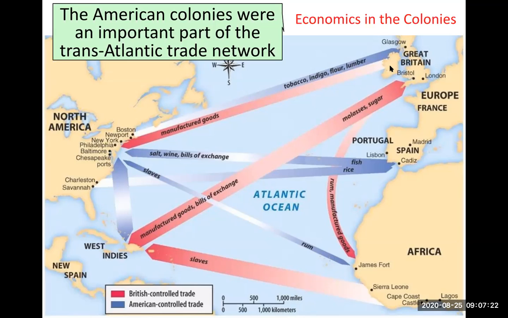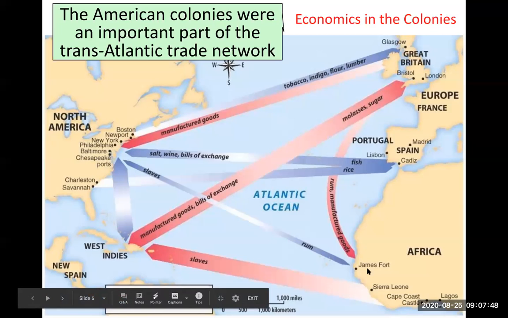And in Great Britain, they have the industry to turn these raw materials into manufactured goods, into products. Once they've turned them into finished products, they put those products on a ship and send them right back to North America and the colonies, where the colonists buy those products. So this is a great market for Great Britain.